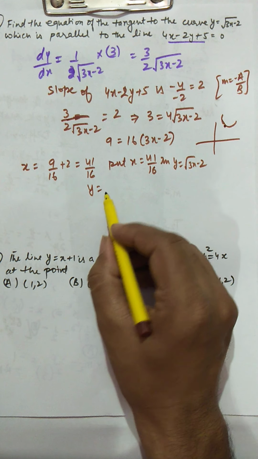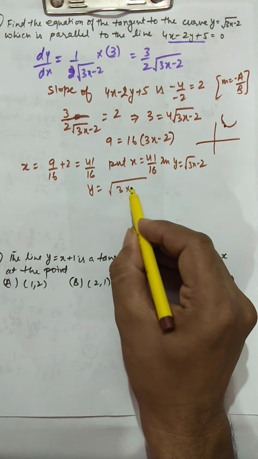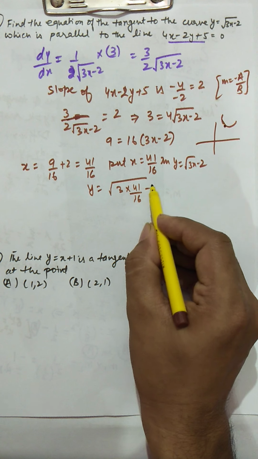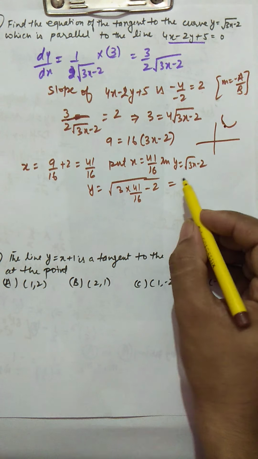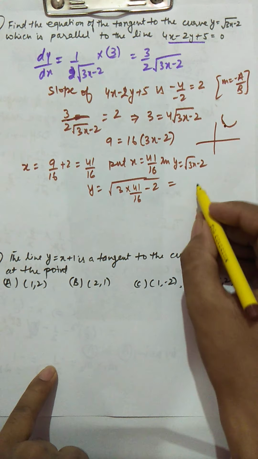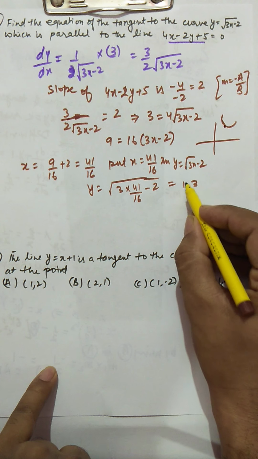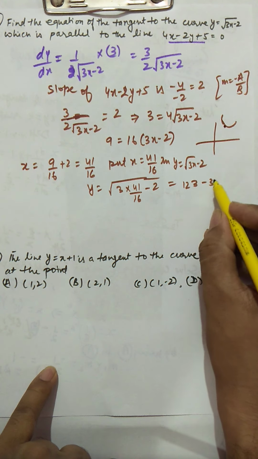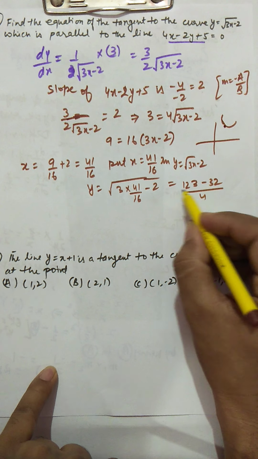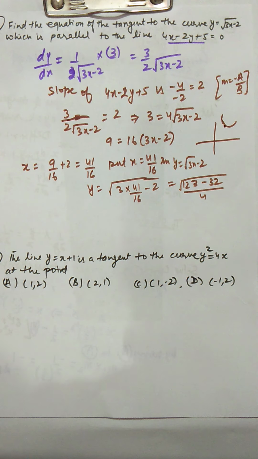Y will be then the root of 3 into 41 upon 16 minus 2. So this is 123 upon 16 minus 32 upon 16, so 123 minus 32 you do.